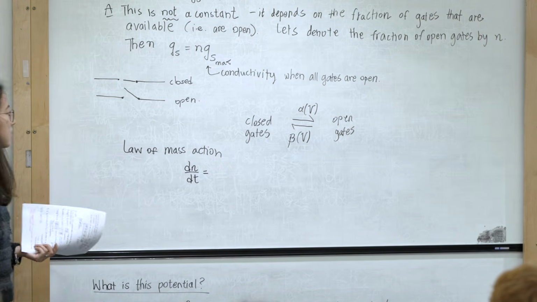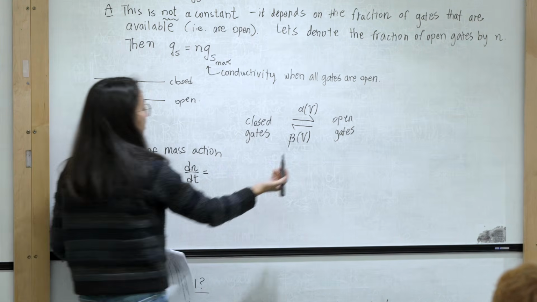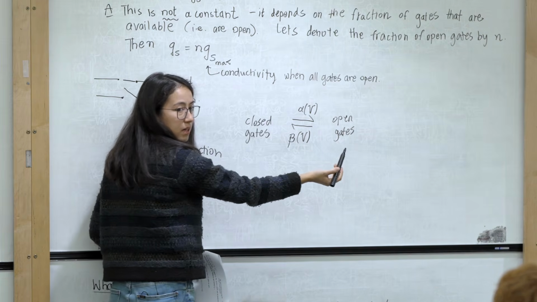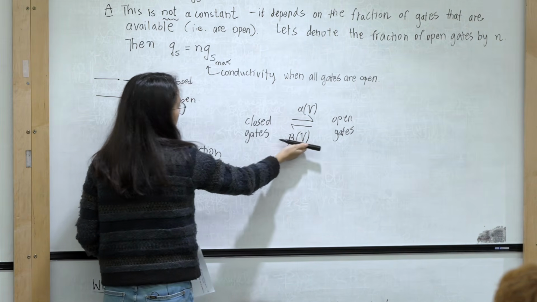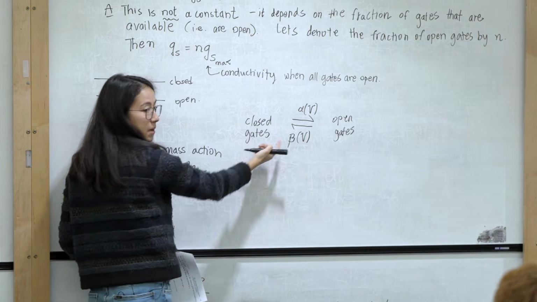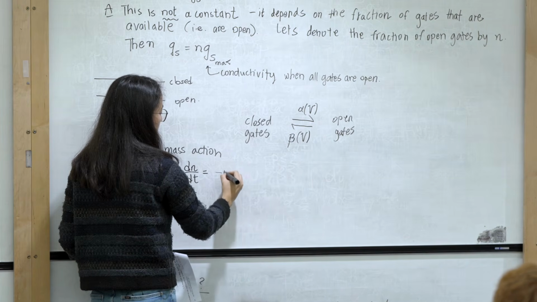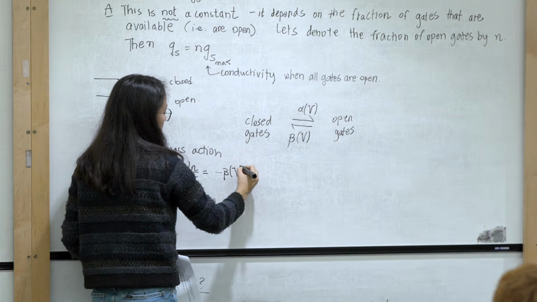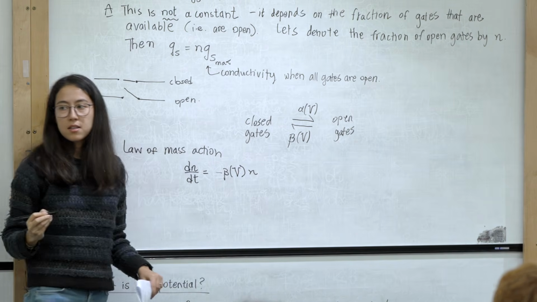Does this increase or decrease? This is n, the number of open gates. So I'm decreasing the amount of open gates by beta, right? So I'm going to have minus beta of V times n. Does that make sense?